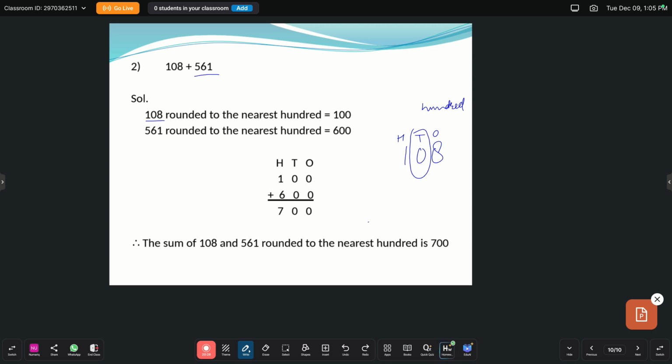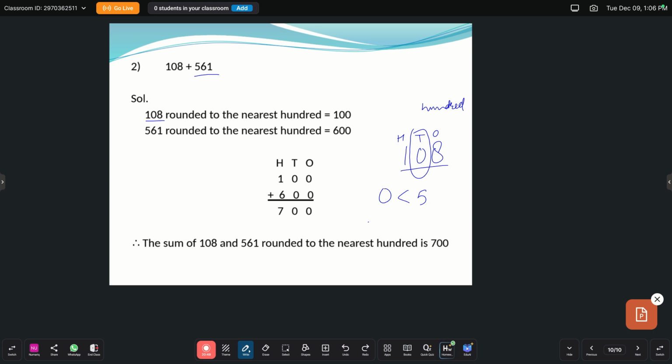Here, at the tens place we have a 0. So, 0 is less than 5. When the digit at the tens place is less than 5, we have to round the given number to the same 100. Okay.